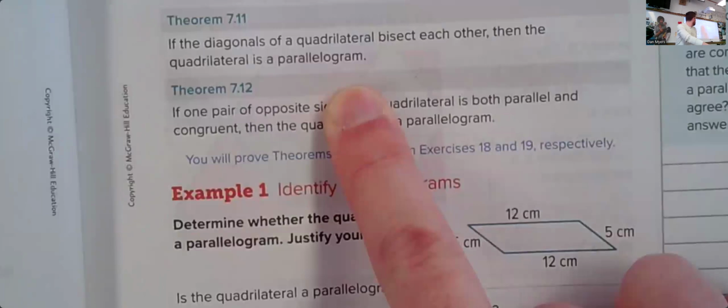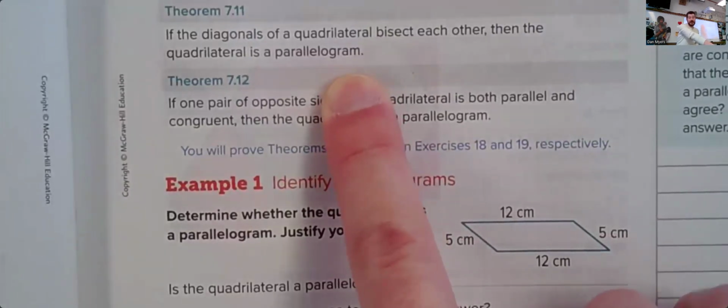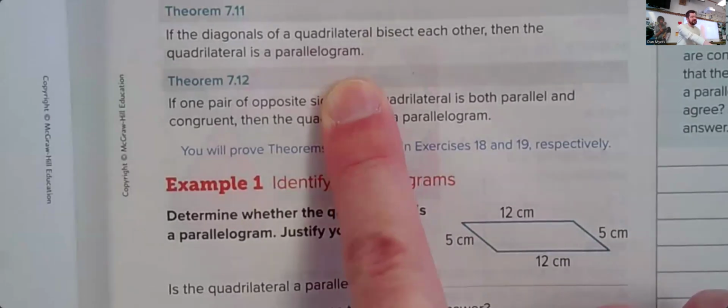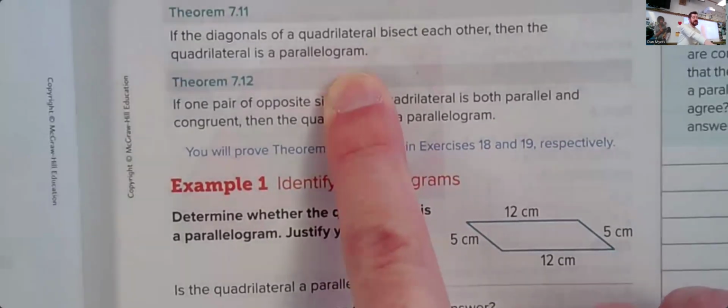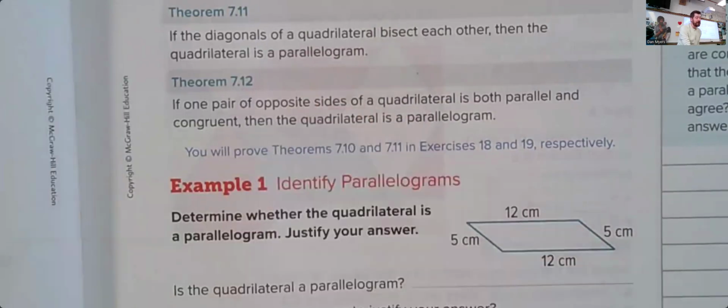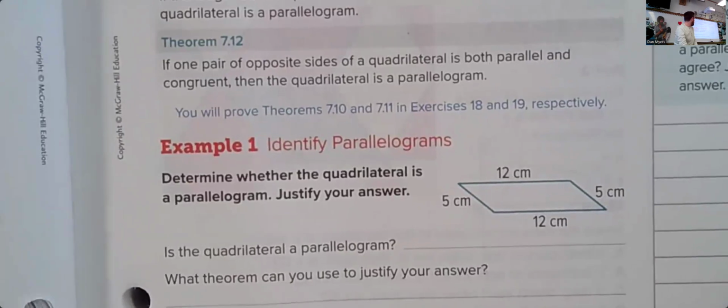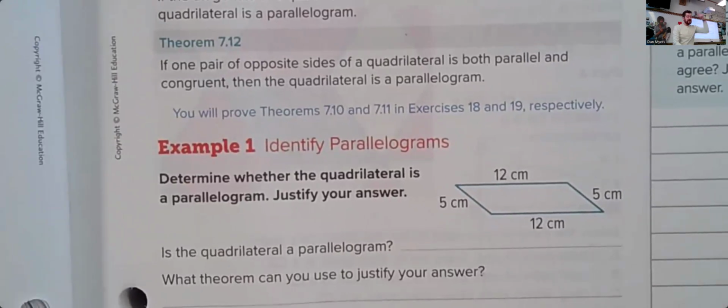If you can show that the diagonals cut each other in half in a quadrilateral, if they bisect each other, that means you have a parallelogram. Or if you can show that one pair of opposite sides, so like top and bottom, is both parallel and congruent, then you have a parallelogram.